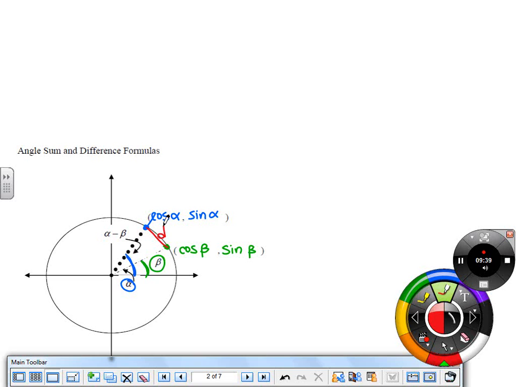I want it to be about alpha and beta being added or subtracted, like how we said 75 is 30 plus 45. Then I got to know what to do with the 30 plus 45 part. So if you guys remember from geometry, if you had an angle that I said, okay, this angle is 70 degrees, and then I drew this in and said, oh, this part's 40, what's the other part up here? 30, because 70 minus 40 would be 30.